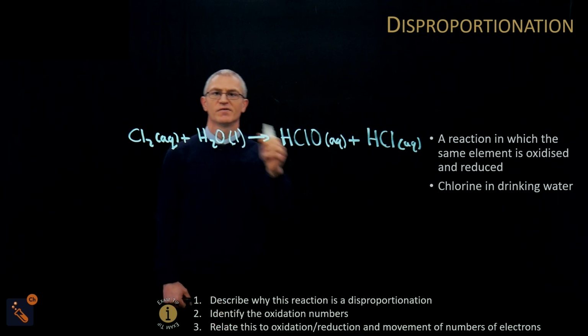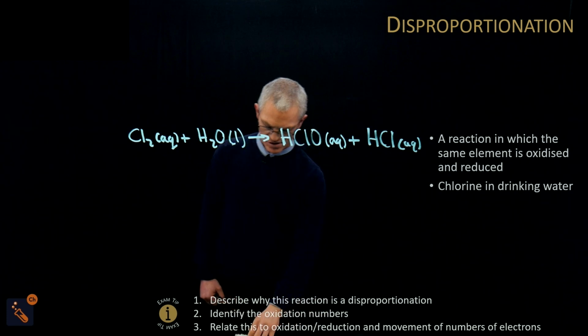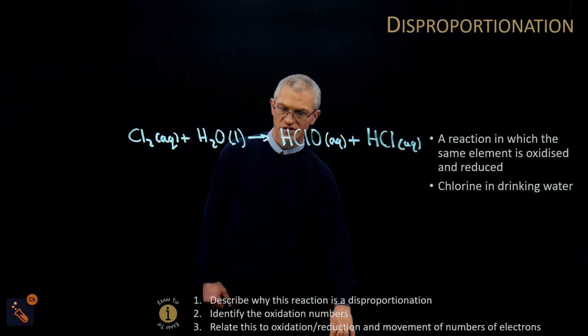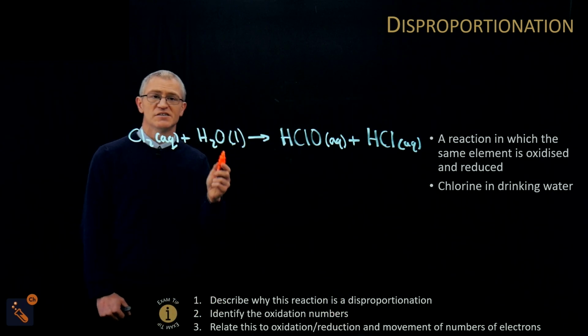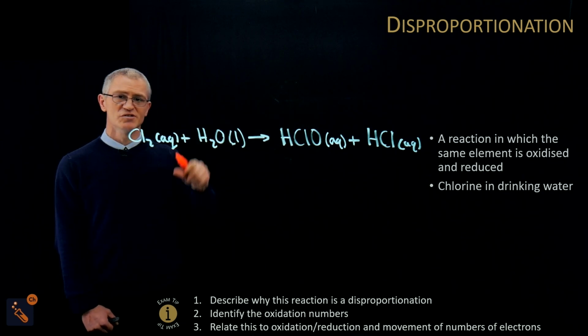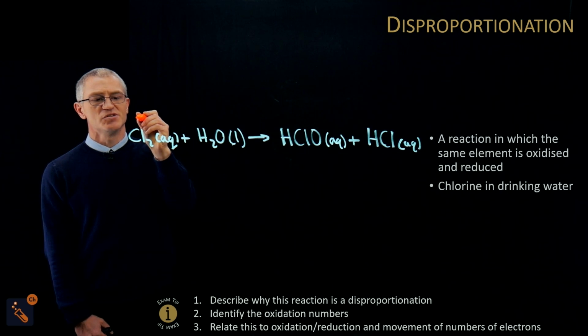Okay, so there you have chlorine plus water goes to chloric acid plus hydrochloric acid. Now we're going to look at the chlorine because you know the chlorine is going to be doing it, but normally you'd have to go through all of the oxidation numbers just to check which element is actually doing it, but we know the chlorine is in this state. So we're going to do the oxidation numbers next.